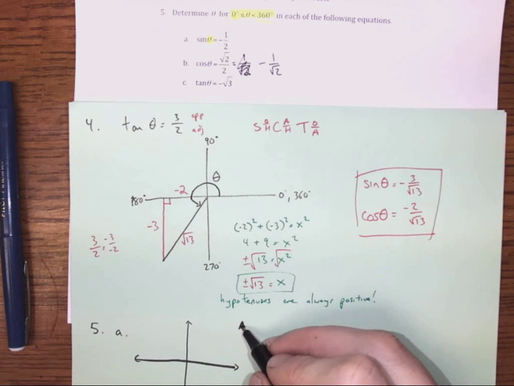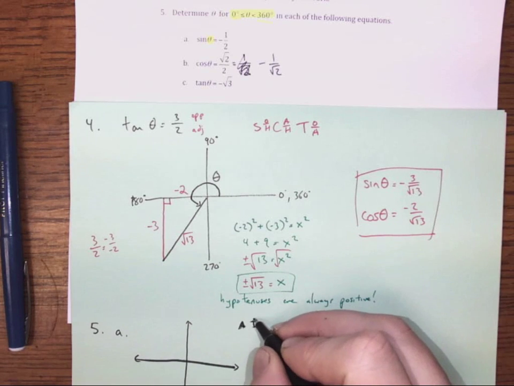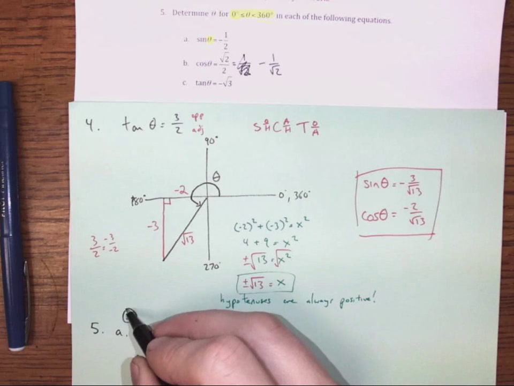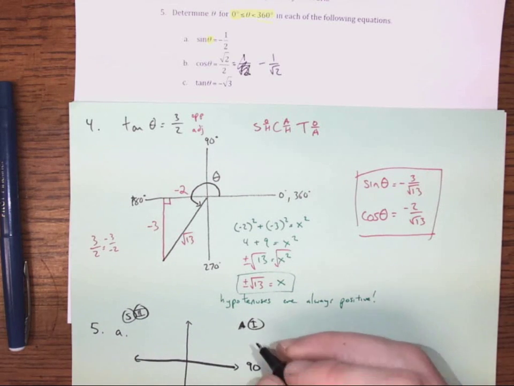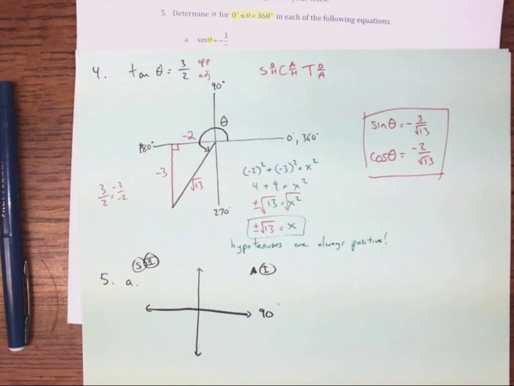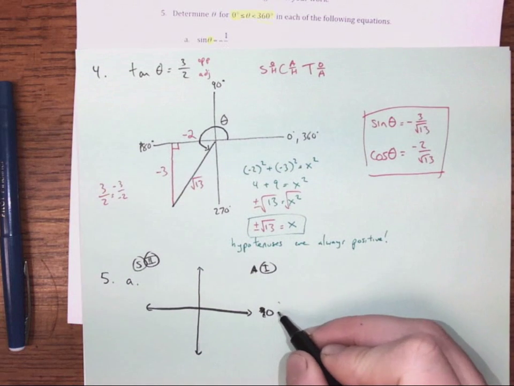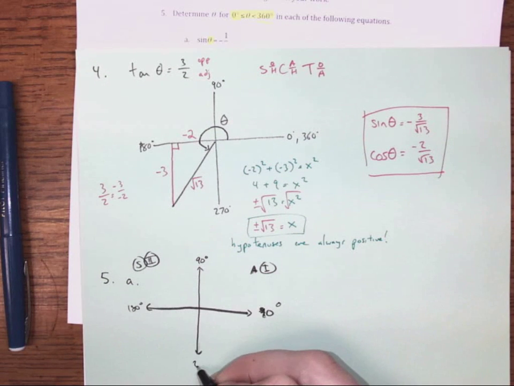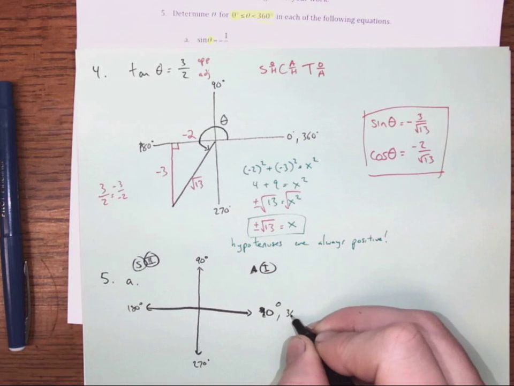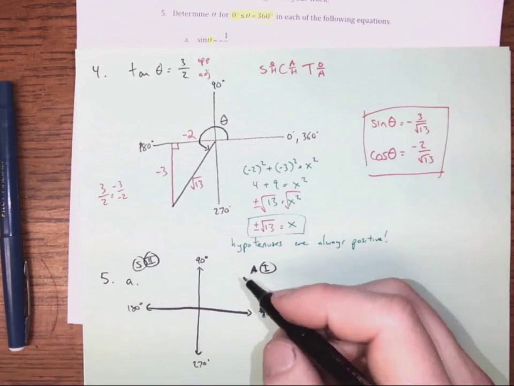Okay. So, oh my gosh, why would I label at 90? What am I thinking? So we have 0 degrees over here, we have 90 degrees up here, 180 degrees down here, 270, and 360 degrees.